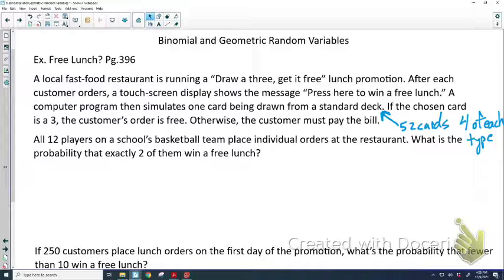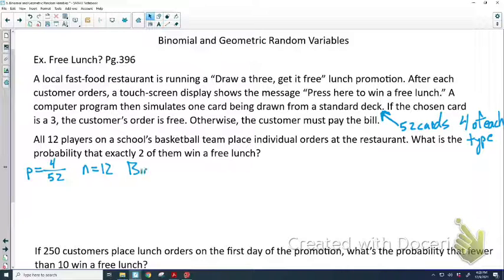So the probability of success for one person walking up to this screen, the probability of winning a lunch, is 4 3s in the deck out of 52 cards in the deck. We're talking about 12 players, and we have to trust that this computer program is doing independence. In other words, it's resetting every single time someone walks up to it, shuffling the cards, whatever.